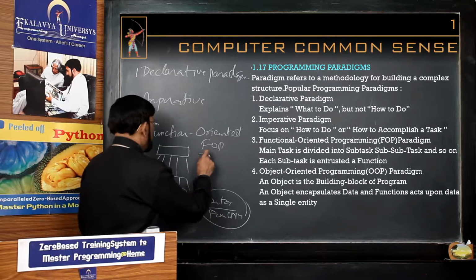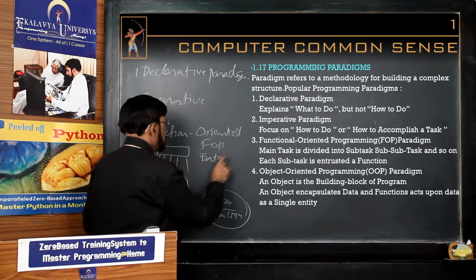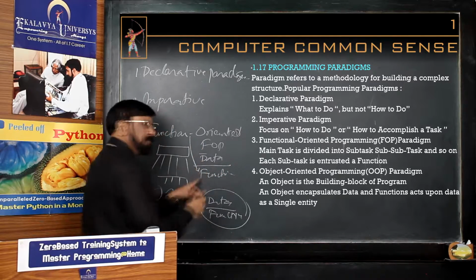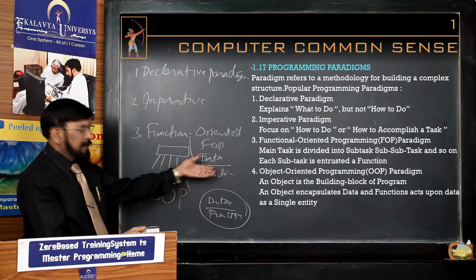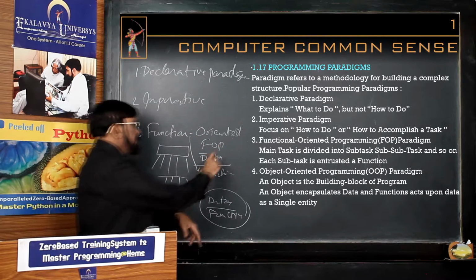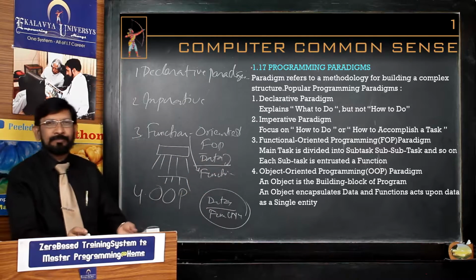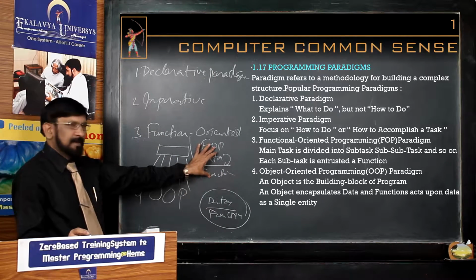As far as function-oriented programming is concerned, data is separate, functions are separate. Our focus is mainly on functions. Whatever data a function requires, that data is to be explicitly passed to the function. That is the methodology here.